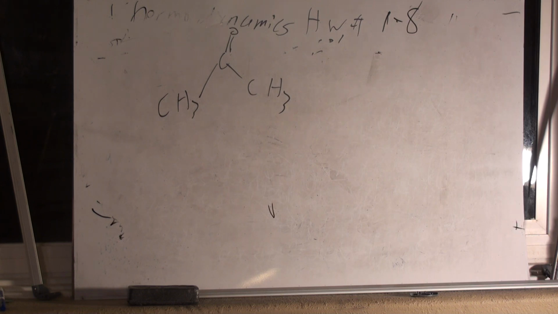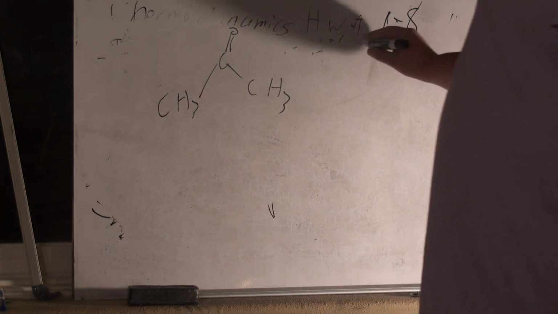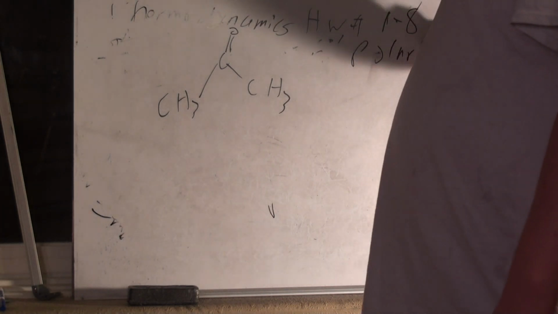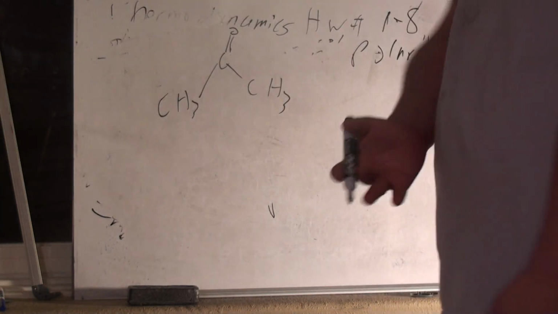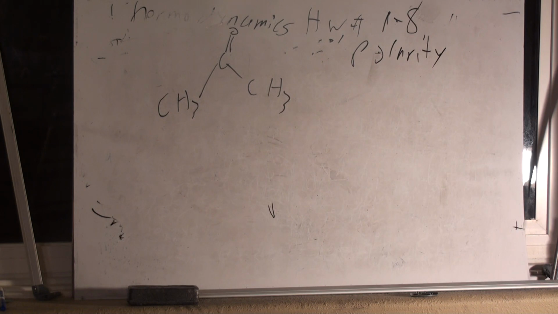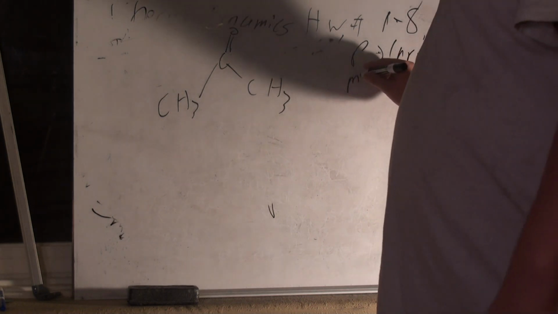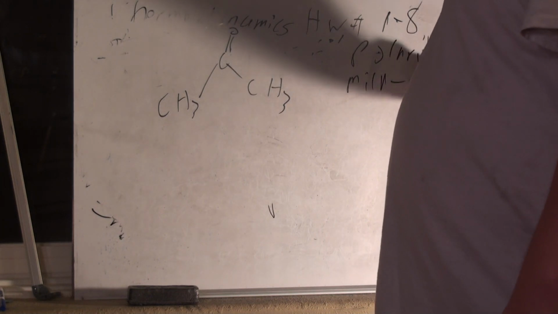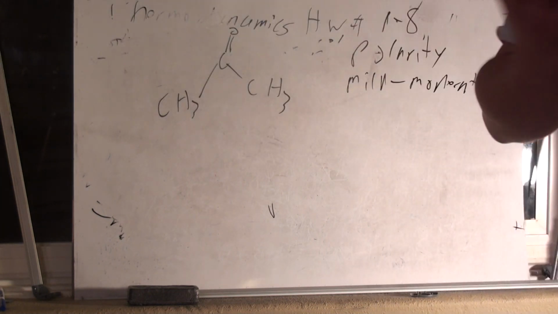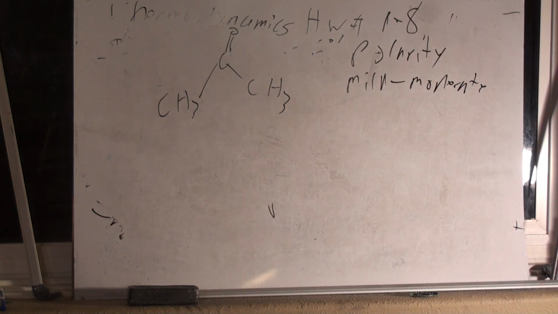So in terms of characterizing this guy, how am I going to characterize its polarity? I would say it's at least mildly polar, okay? At least. It might be mild to moderate. Polarity is relative because you're comparing it to something else.